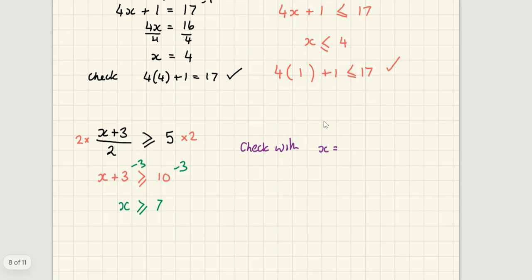I think it's 14. 14 plus 3, picked a horrible one, divided by 2 should be greater than or equal to 5. 17 divided by 2 should be greater than 5. What's 17 divided by 2? 8.5 should be greater than 5, and it is, so I'm happy. Okay?